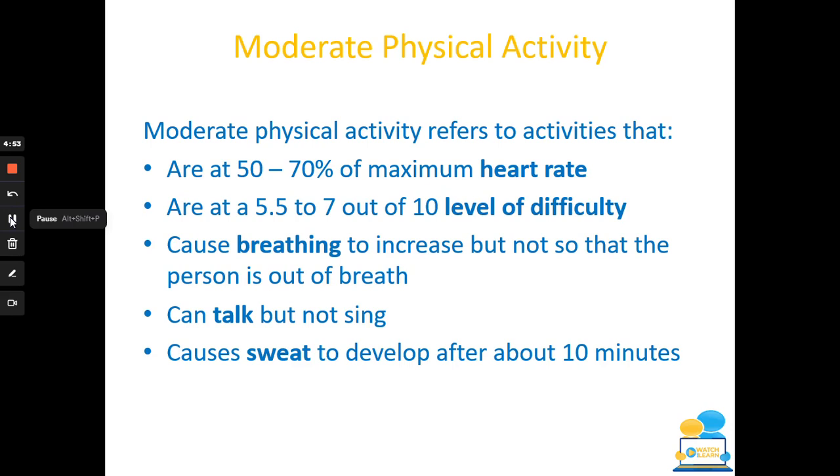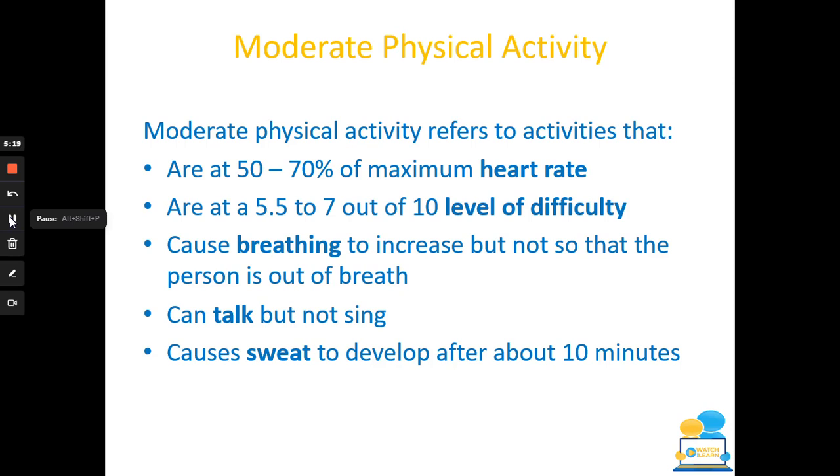So if we take the moderate part of moderate to vigorous physical activity, moderate physical activity refers to activities that are at 50 to 70% of our maximum heart rate, are at 5.5 to 7 out of 10 in terms of level of difficulty. That's referring to rate of perceived exertion, or RPE.